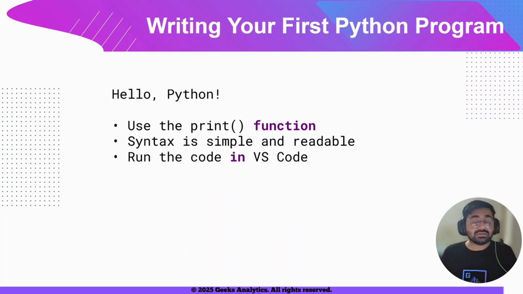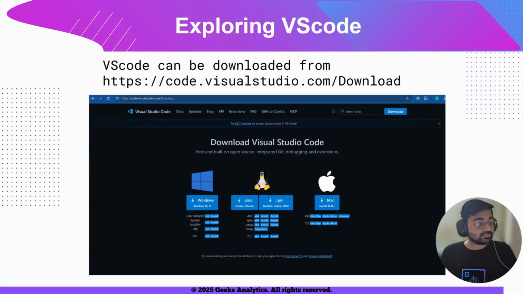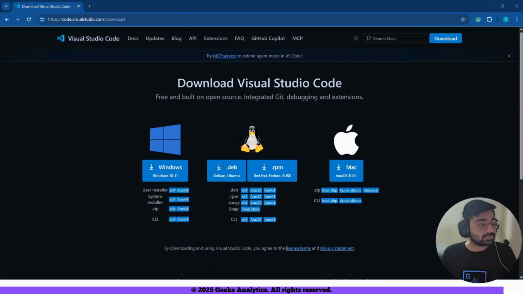So we'll first have a look at how to install VS Code, for those who have not yet installed it. VS Code can be downloaded from its official site, that is code.visualstudio.com. Once you're on this screen, you can click on the particular button which you want to select.